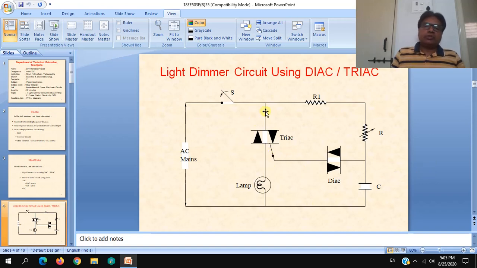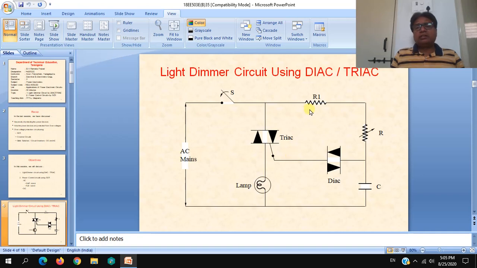And this total section is the actual light dimmer regulatory circuit, connected in series with the lamp. This is the lamp of which you want to control or change the brightness according to the requirement.